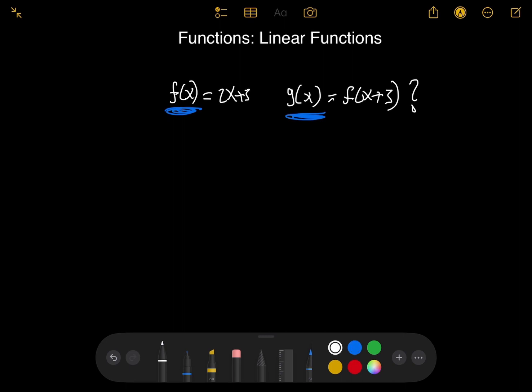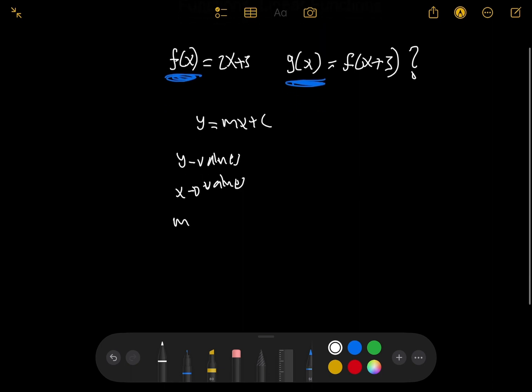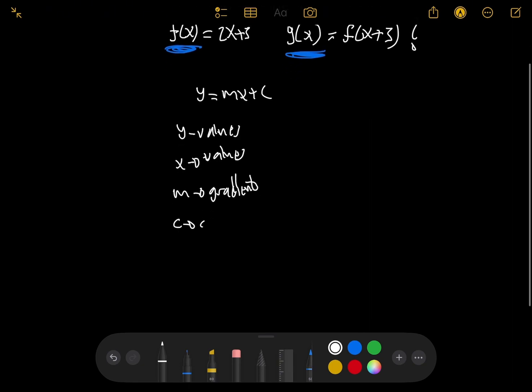Okay, so remember in grade 11 you had y equals mx plus c, of which your y will be your y values, and x will be your x values, and then your m will be your gradient, and then c will be what you call the constant or y-intercept.